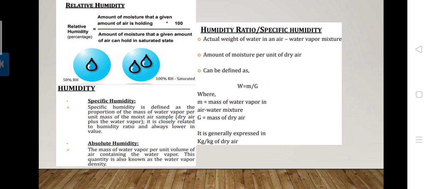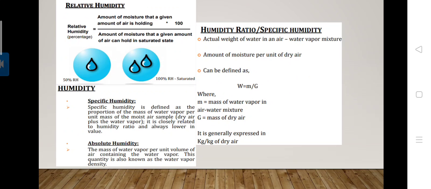Next is the absolute humidity. Absolute humidity is the mass of water vapor per unit volume of air containing the water vapor. This quantity is also known as water vapor density. Again, the humidity ratio, or specific humidity calculation, is given.